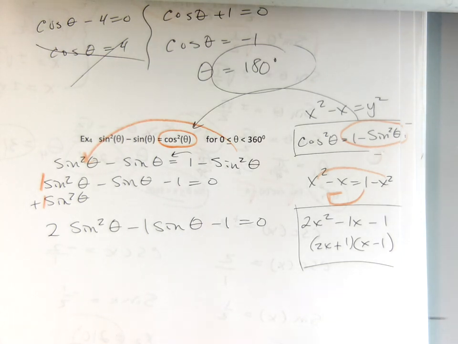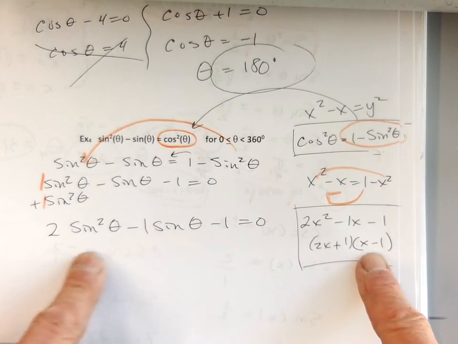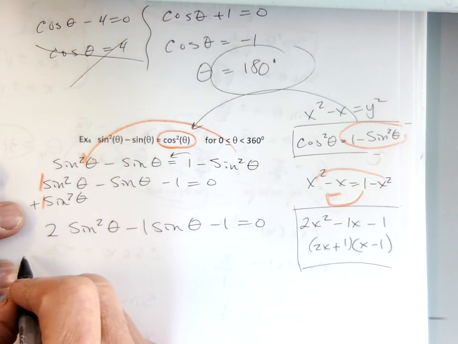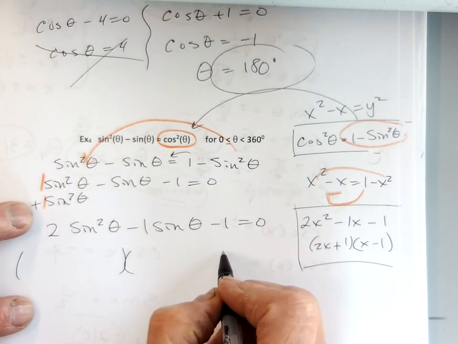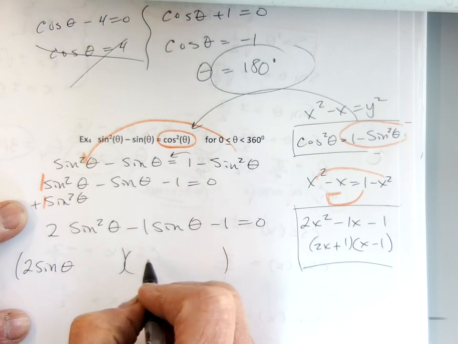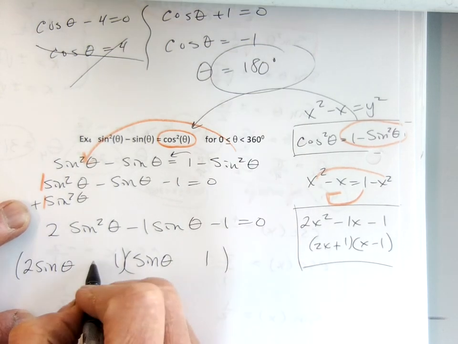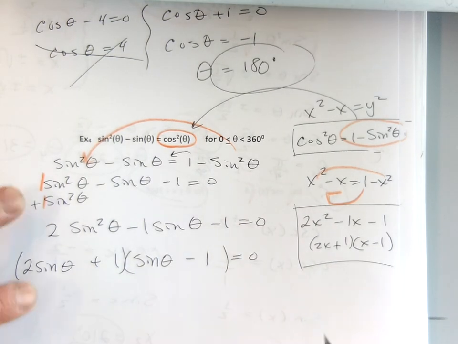You guys okay with my factoring? Because that should make the negative 2, positive 1. So let's do this in terms of sine instead of x's. So we're going to go ahead and factor it into (2 sine of theta plus 1)(sine theta minus 1) equals 0, okay?